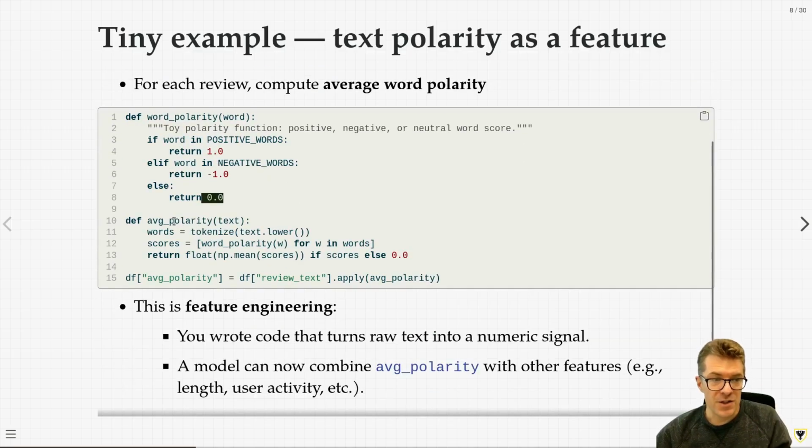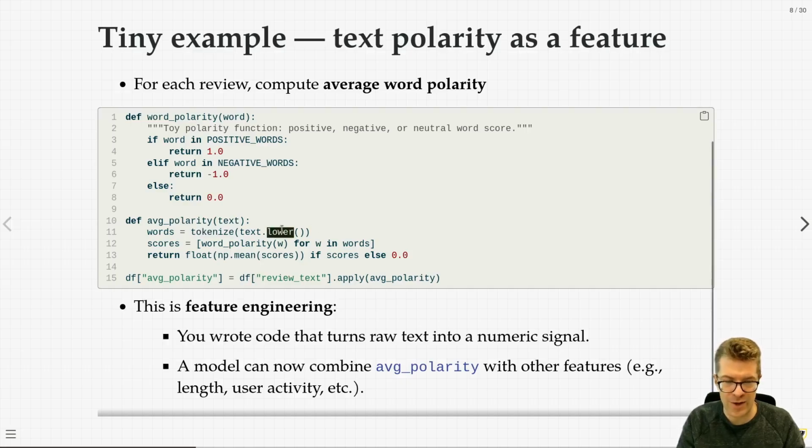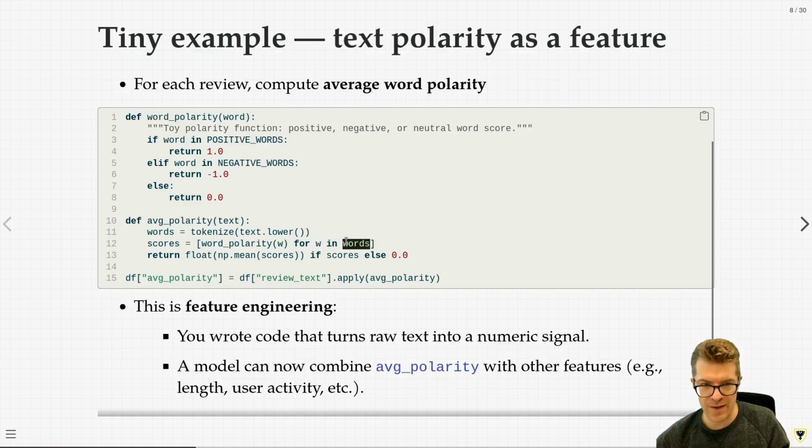And then we have this function, average polarity. So given a text of many words, we tokenize it, which means splitting up this long string into a list of separate words. Every word we're going to lowercase. This is a standard thing we do in natural language processing just for standardization. And then we have this list words. For every single word W in that list words, compute the word polarity on the individual word.